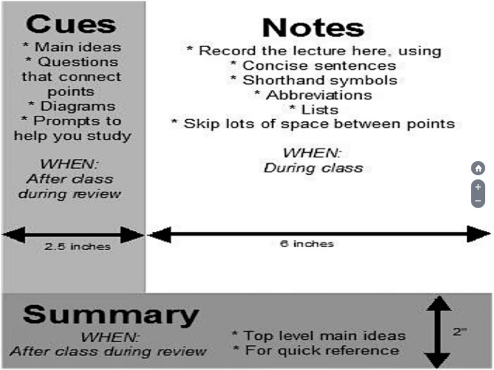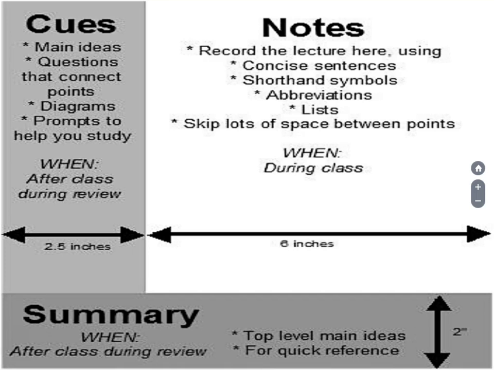So here you place cues in the left-hand column. These are either questions, main ideas, or diagrams, essentially a prompt of both the things that we've discussed in the previous 2 slides. Your notes, which is where you record as much of the lecture as you can, you write by using shorthand symbols, abbreviations, and concise or brief phrases.